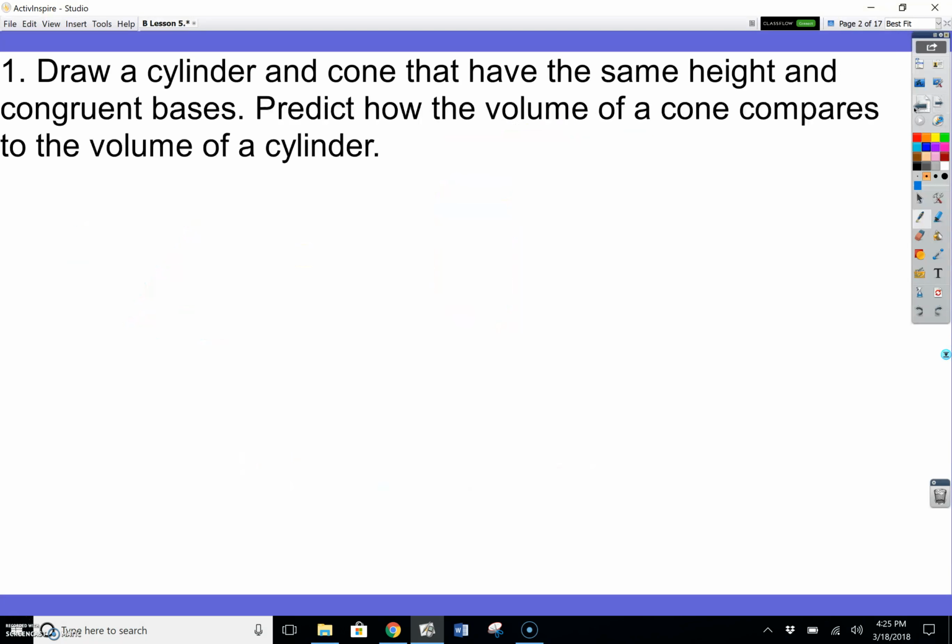It says, draw a cylinder and a cone that have the same height and congruent bases. Predict how the volume of a cone compares to the volume of a cylinder. Well, we already showed you that, and we saw that 3 cones equals 1 cylinder.